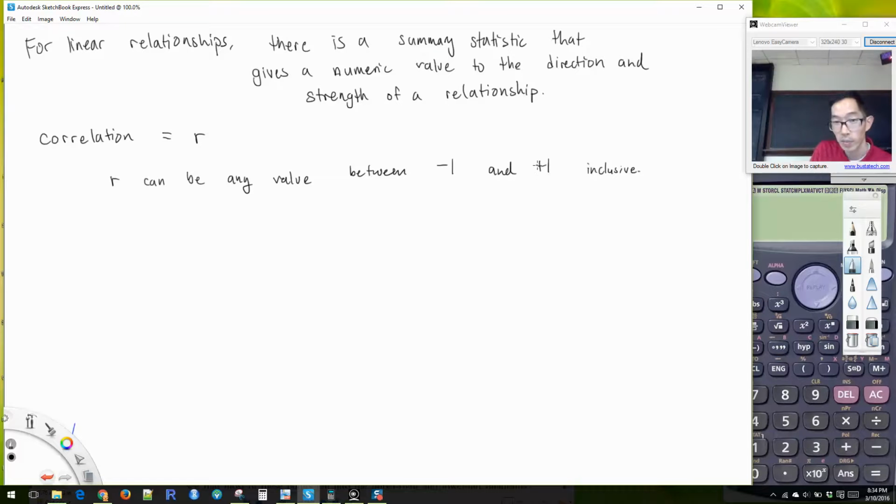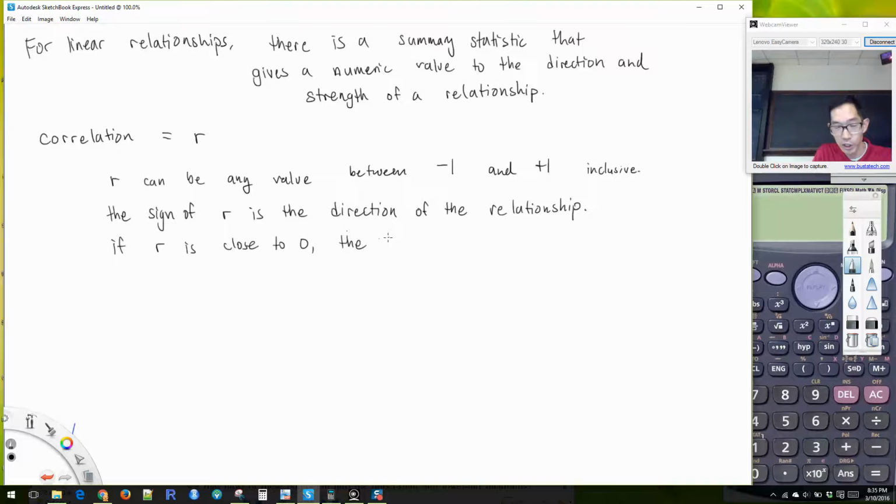All right. If R is positive, so basically the sign of R is the direction of the relationship. So if R is positive, the relationship is positive. If R is negative, the relationship is negative. Okay? And if R is close to 0, the relationship is weak.